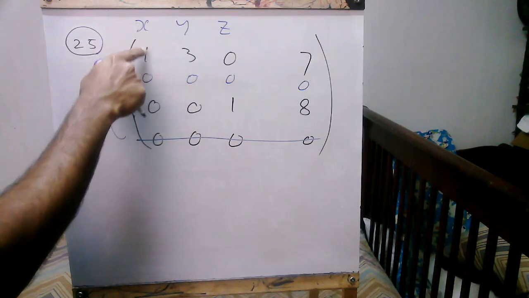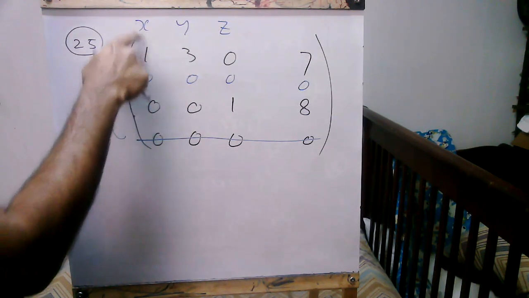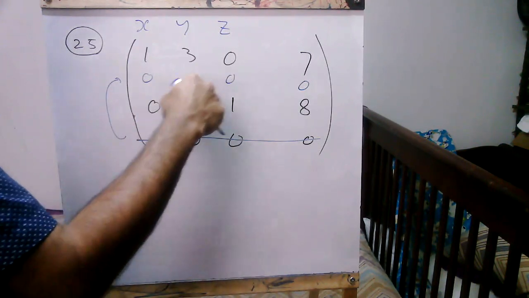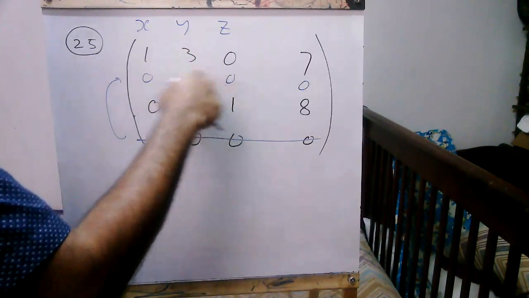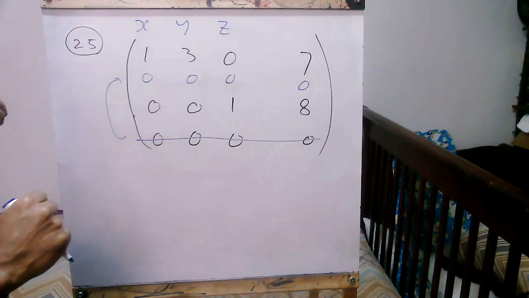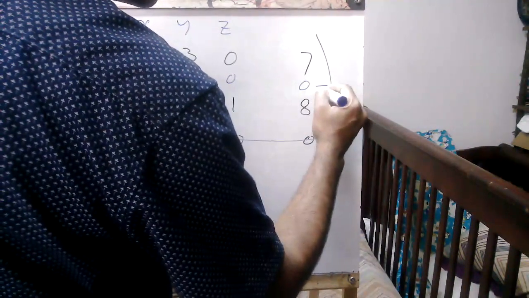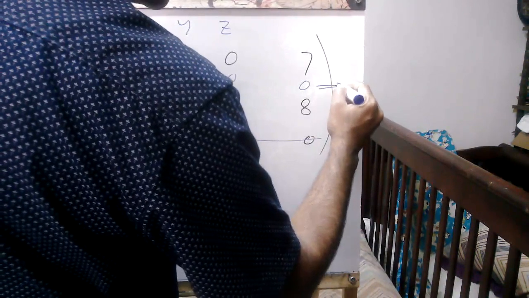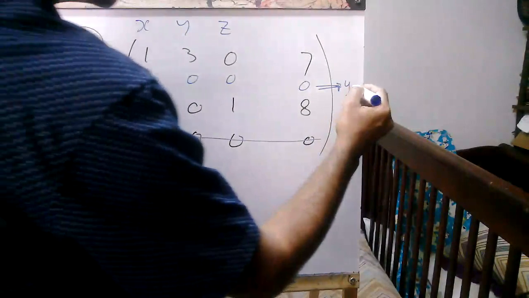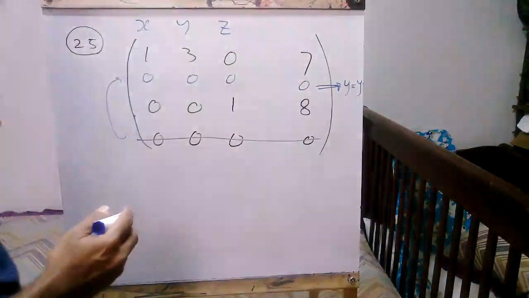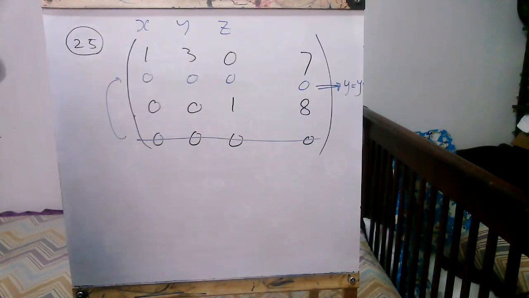So this means we can get an equation for x and an equation for z. For y, y's row is all zeros. That implies we have to take y as free. We cannot find y, so we assume y equals y itself, right?